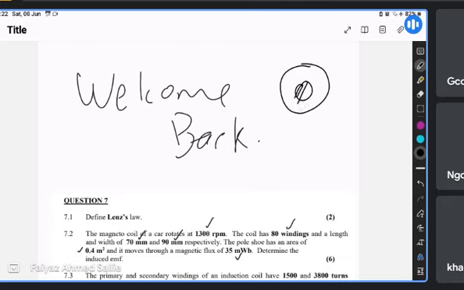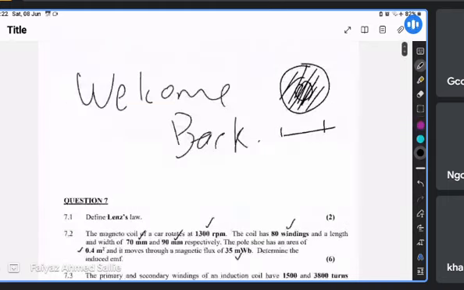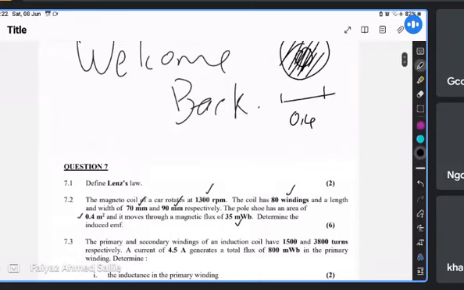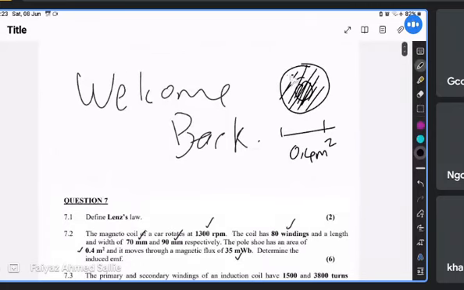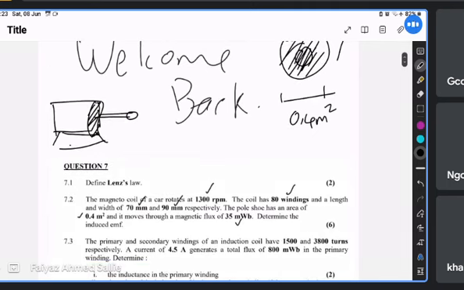This area here of the motor is going to be that area of 0.4 meters squared. This is the side view of a motor. Let me draw this. Hope you guys understand. Shaft coming out of the motor. Then this face here, that area, 0.4 meters squared.